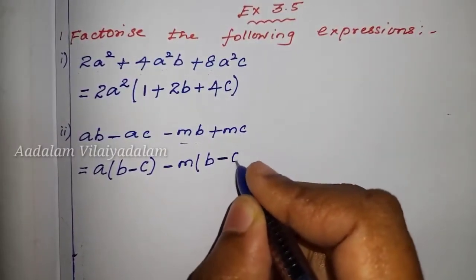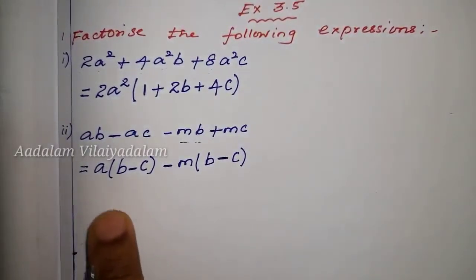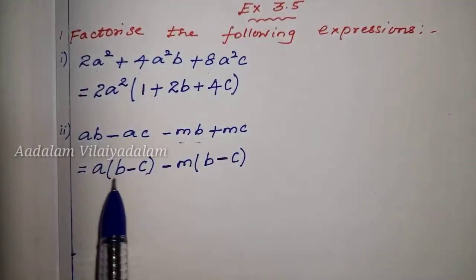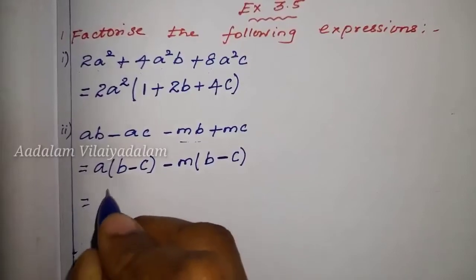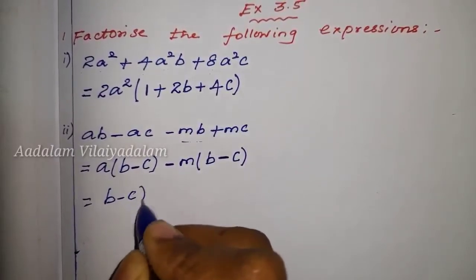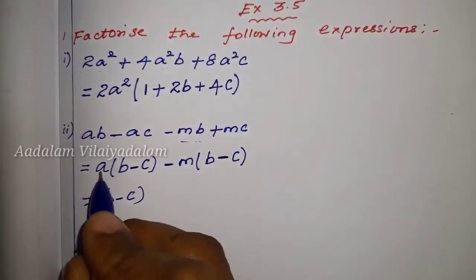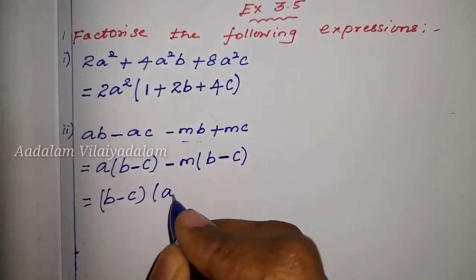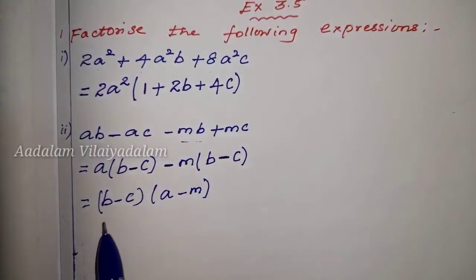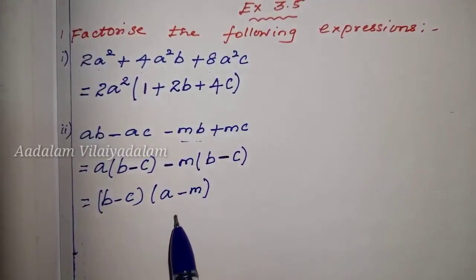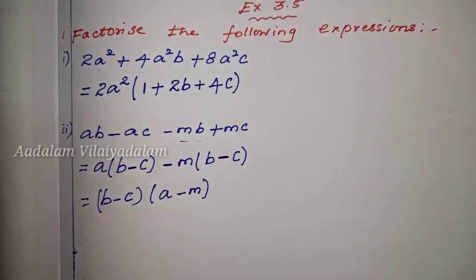The remaining one is c. Just take the common term. Here also b minus c, b minus c, so b minus c is common. What is the remaining one? The first one a, here minus m. So the answer is b minus c into a minus m.